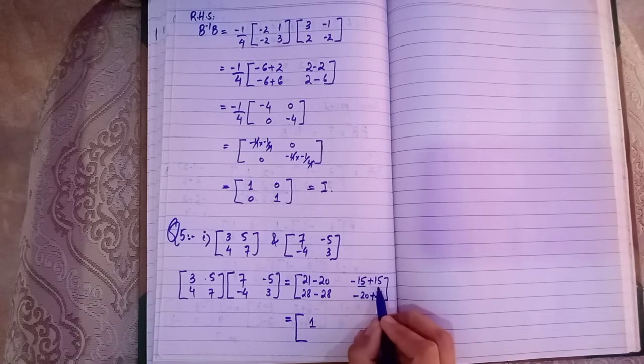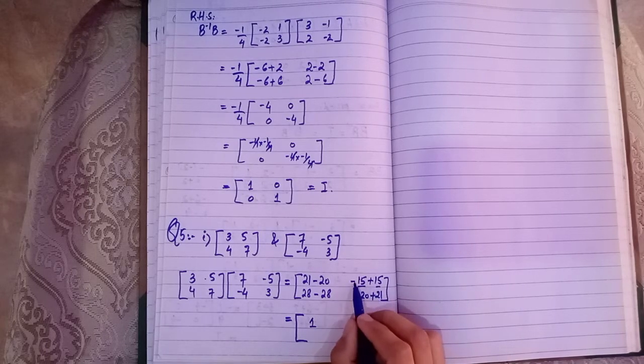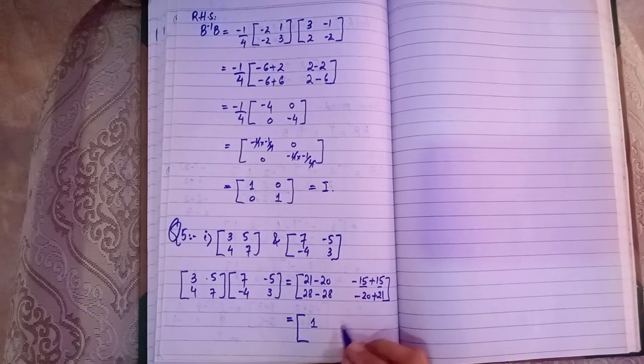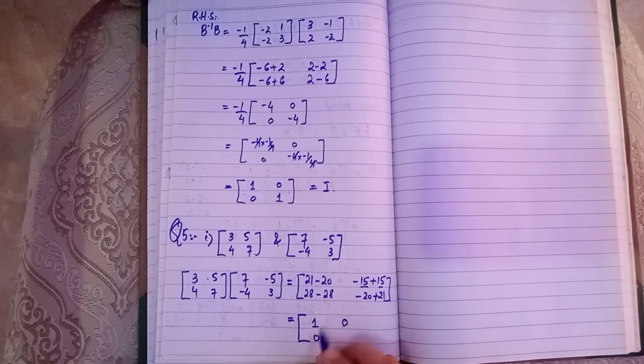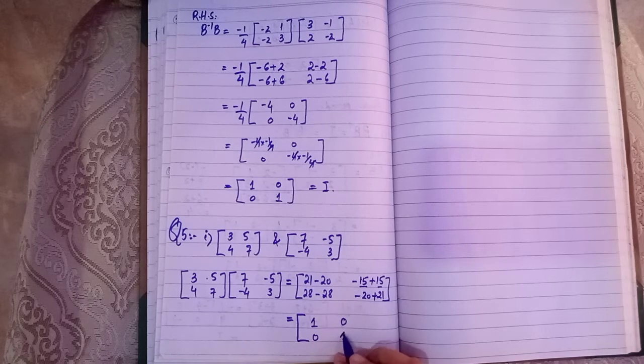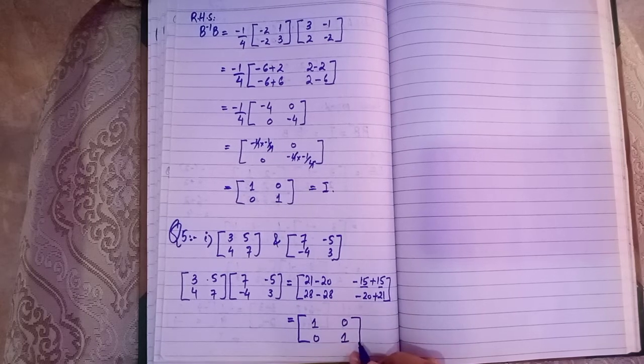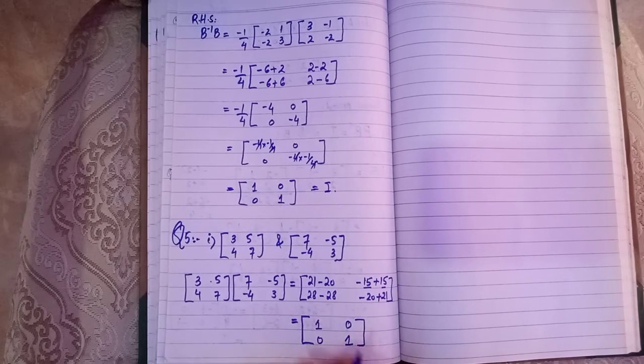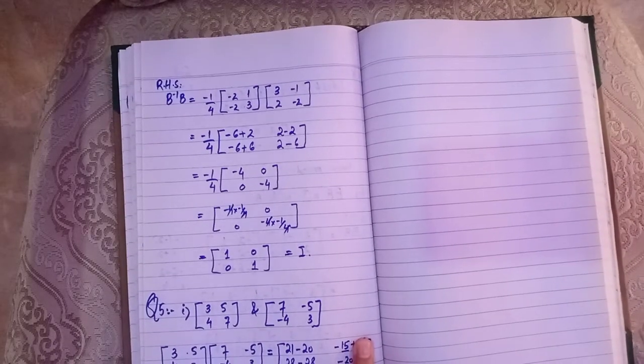They are the same entries and their signs are opposite, so we are going to write 0. It will also make 0 and it will make 1. So you can see it is the identity matrix. So both of the matrices are multiplicative inverses of each other.